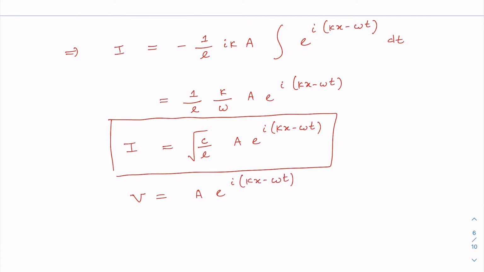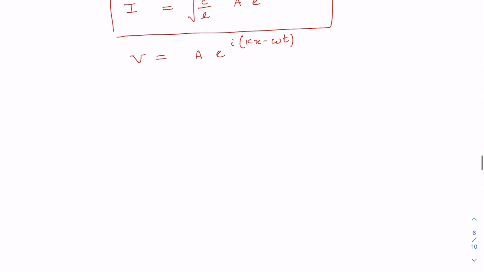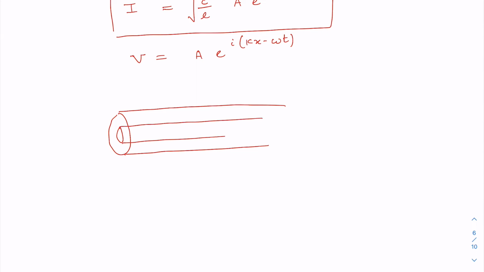Now let us consider the voltage and current at any particular point on the transmission line. If we look at the picture of the coaxial transmission line, which has an inner cylinder as well as an outer cylinder, let us say in the inner cylinder, at any given point the current is I(x,t), going along the x direction, and its potential is V(x,t).